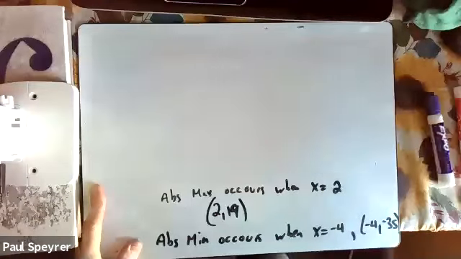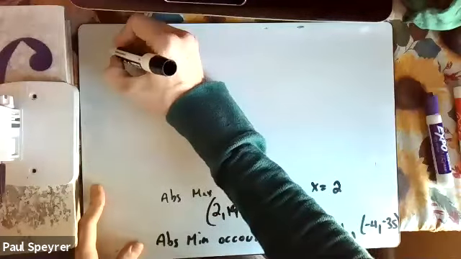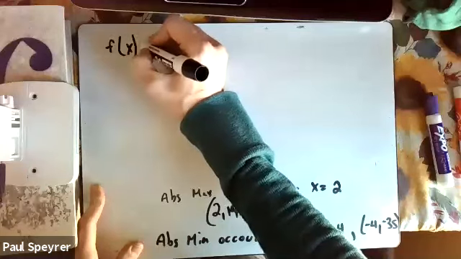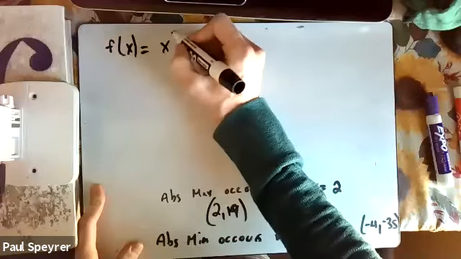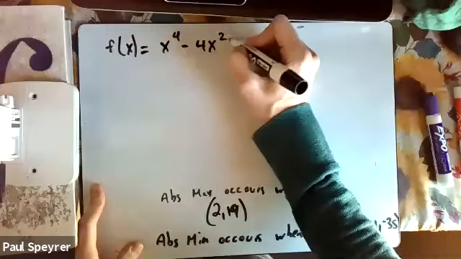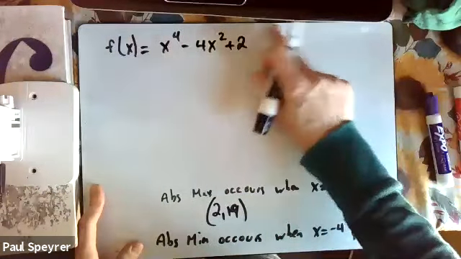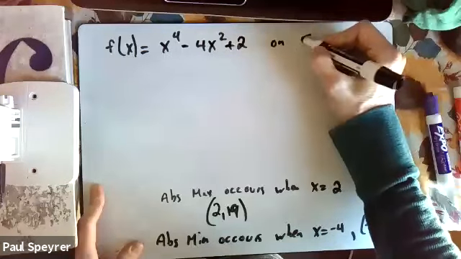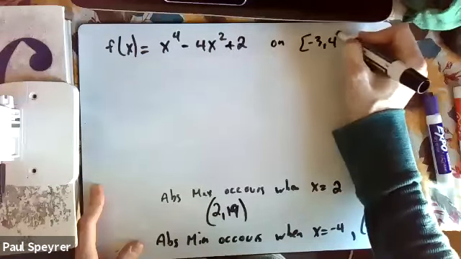All right, let's try another. Like if we have f of x equals x to the fourth minus 4x squared plus 2, and then we have this interval negative 3 comma 4.